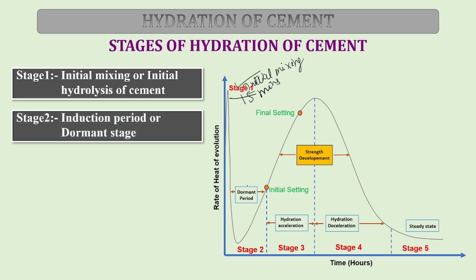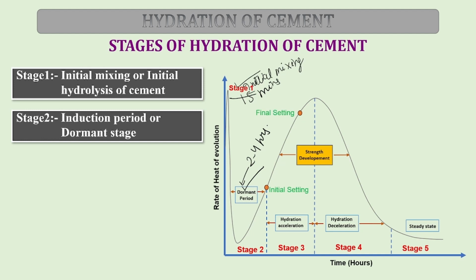Stage 2 refers to the induction or the dormant period. Now, as a result of stage 1, the hydration products begin to build up around the hydrated cement's nucleus, and this we have already discussed in the previous slides. Now, this stage lasts for a period of 2 to 4 hours, and during this, the hydration is in standby mode.